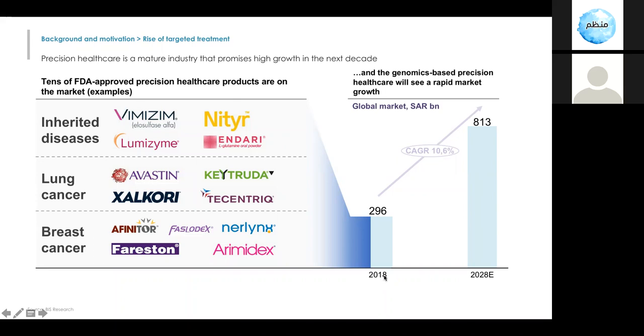For example, in 2008, the market was 300 billion Saudi riyal. It's expected to jump in 2028 to 800 billion Saudi riyal. That's a big jump, 10% increase. Okay.